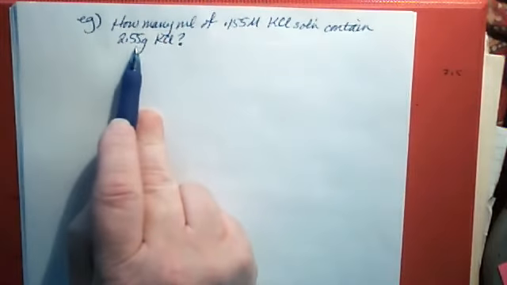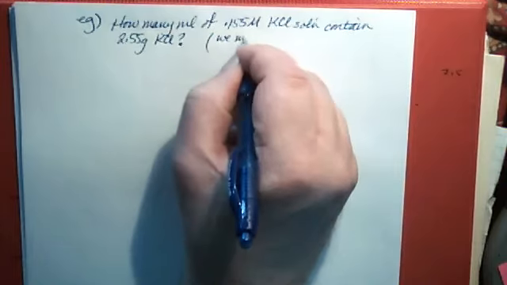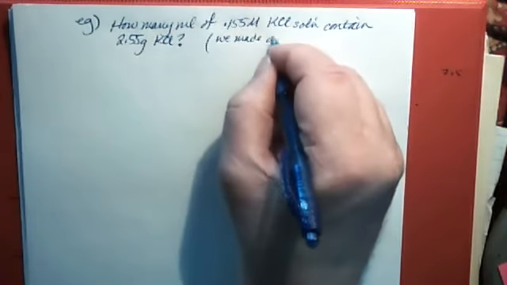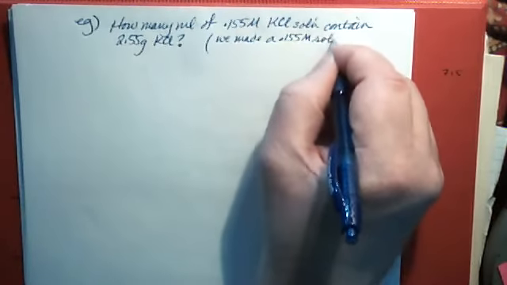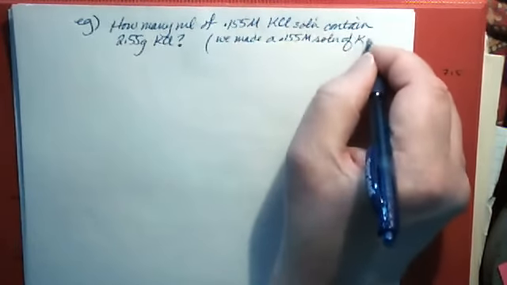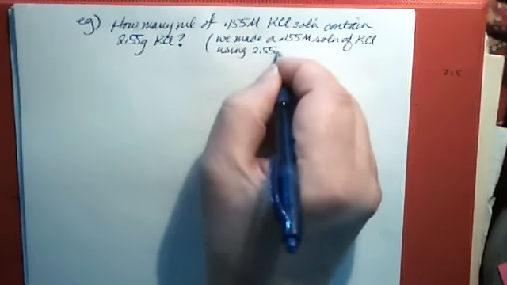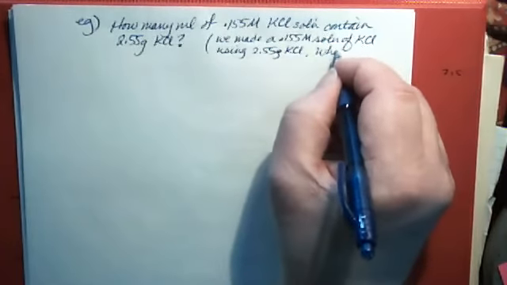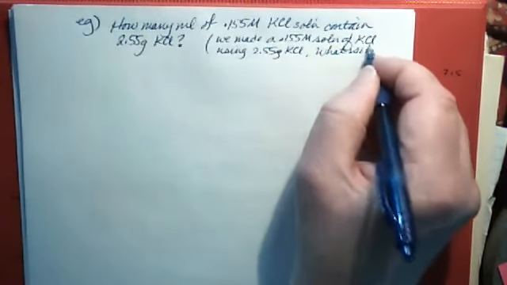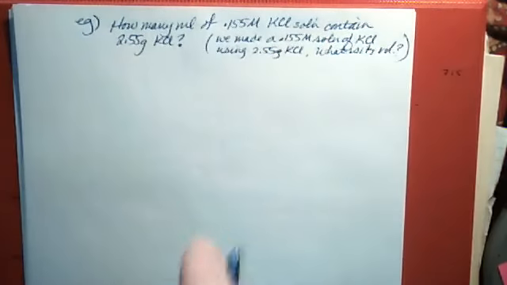Okay, so you took 2.55 grams of KCl. Another way of putting this is we made a 0.155 molar solution of KCl using 2.55 grams KCl. What is its volume? That's another way of putting it.